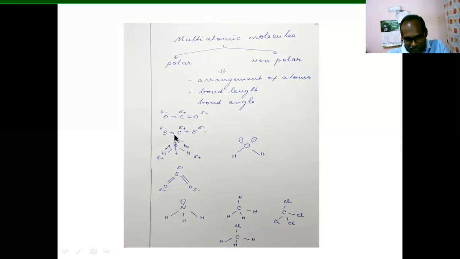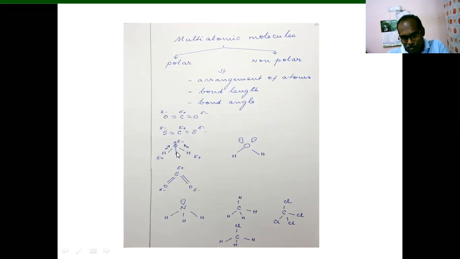Therefore, the vectorial sum becomes here. Therefore, it possesses a dipole moment. Or you can explain it like this. The center of the negative charge is here on the oxygen, but the center of the positive charge is not on the hydrogens, it is almost here. Of course, in this place, there is no atom at all.